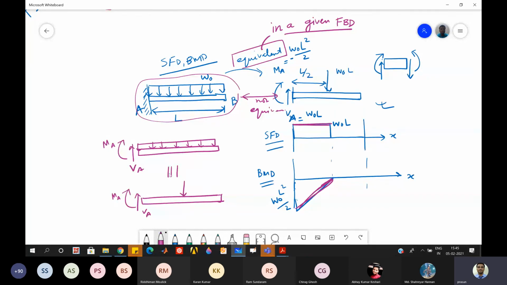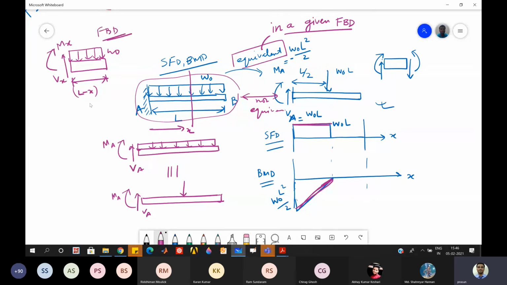Or simply, another way you can see it is if I cut a section like this, and take the right side portion, with W0 and let us say this is L minus X, I have cut here at X. And then this is my Vx and this is Mx. Then this is my FBD.